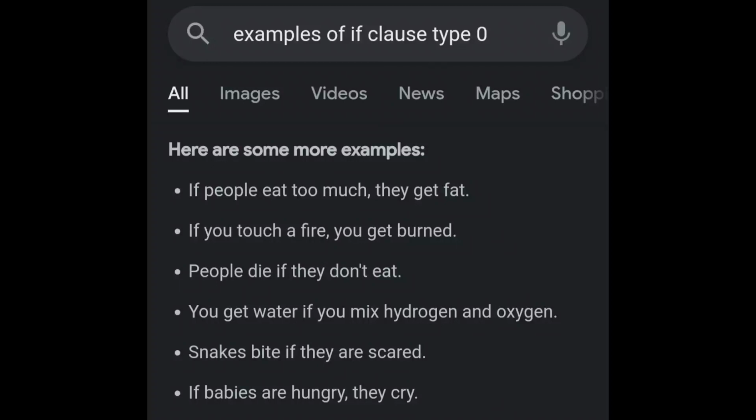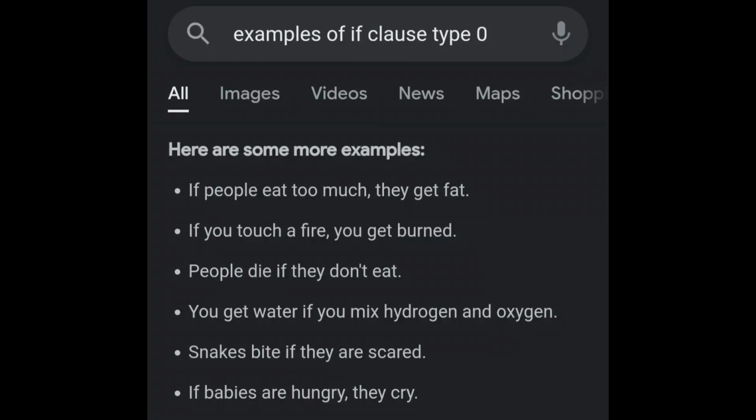As you can see. Now, the thing is, type 0 is one of the more special ones of the four types of if clauses. Type 0 is the only if clause where the word if can be changed to when. An example will be, instead of if people eat too much, you can change the if to when.